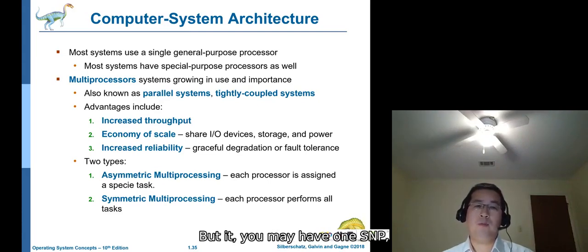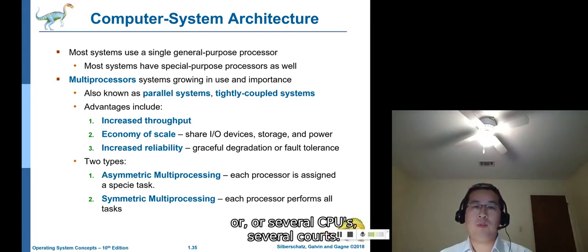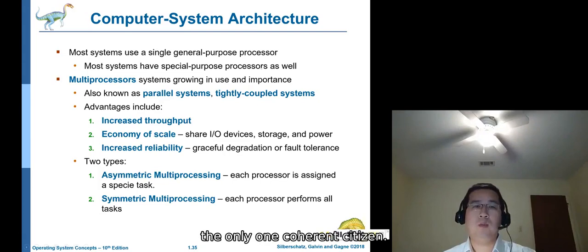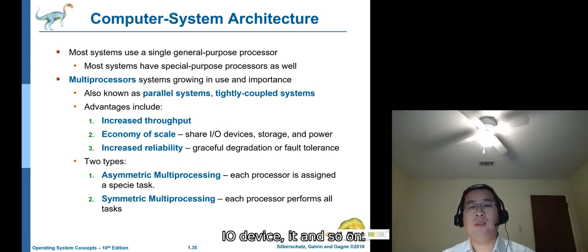You may have one CPU with multiple cores, or several CPUs with several cores. It doesn't matter, but it's only one coherent system. That means one operating system, one set of hardware, one set of I/O devices, and so on.